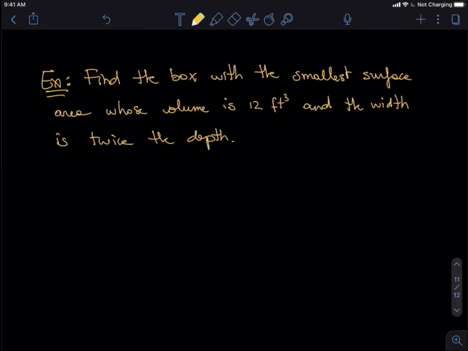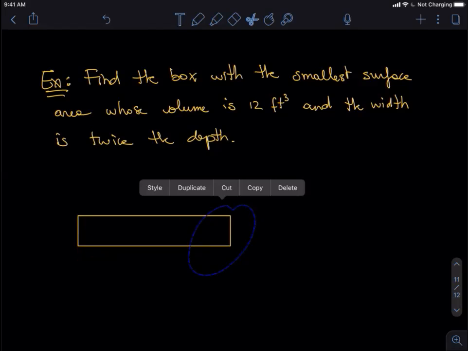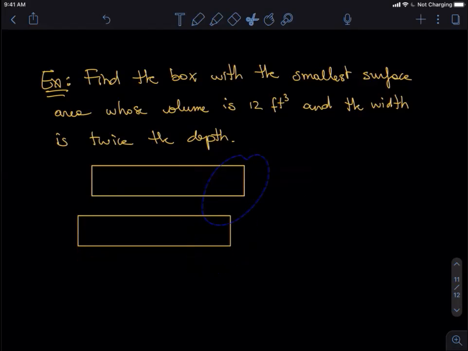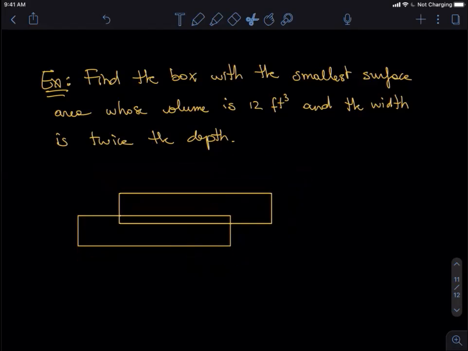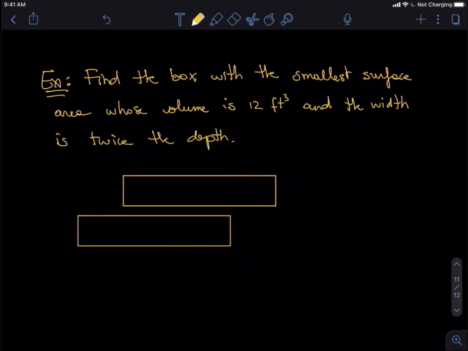So in this case, we have the three variables: the height, the width, and the length.